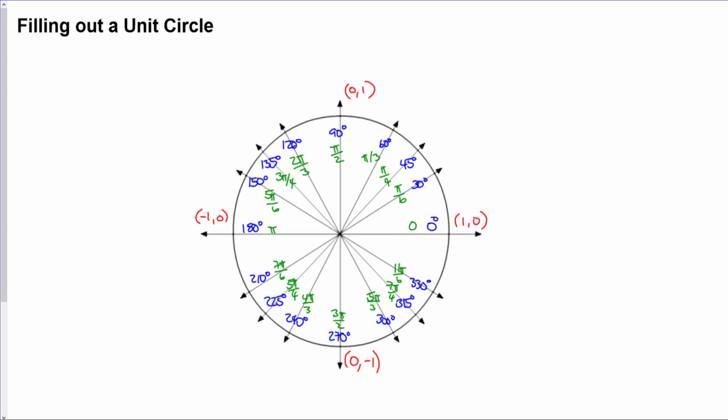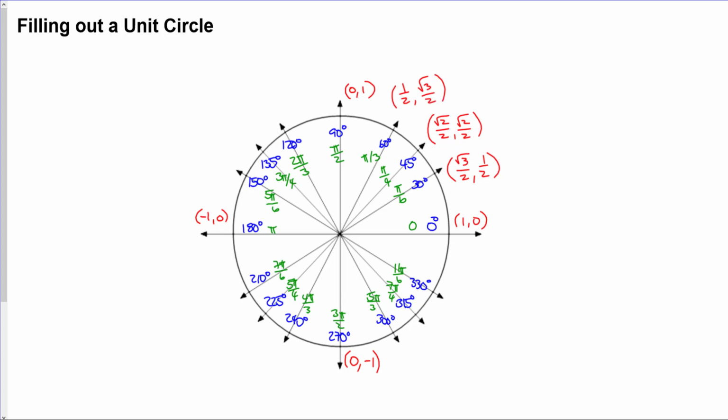Then I fill out quadrant 1. Okay, so I know this point here is square root of 2 over 2 and square root of 2 over 2. This point here is square root of 3 over 2 and 1/2. Then this point here is 1/2, square root of 3 over 2.